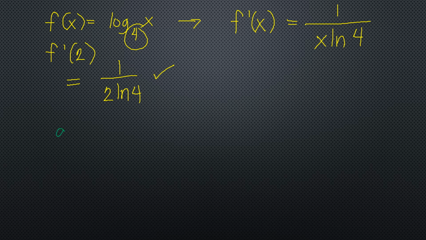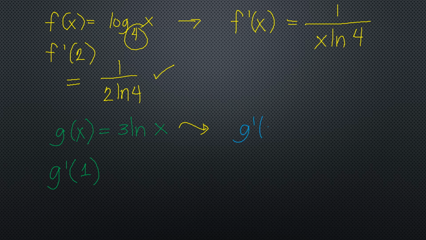Another example, if you have g of x is equal to, let's say, 3 ln of x, and you're going to solve what is g prime of 1. Okay, so here, get the derivative of g of x first.